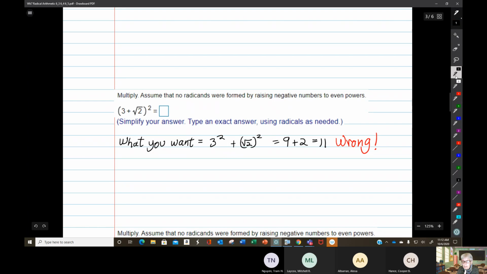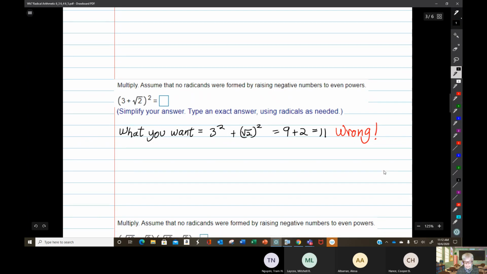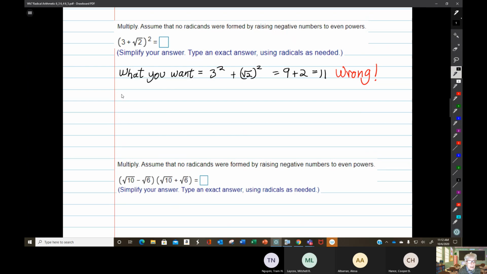Instead, you are going to have to do this. The square root of 3 plus the square root of 2 times 3 plus the square root of 2.